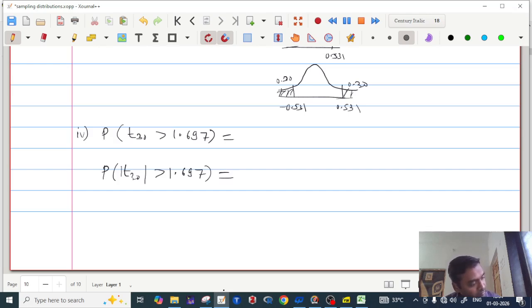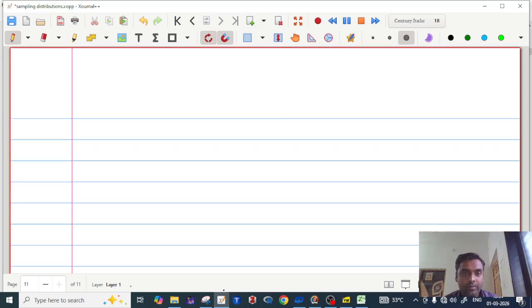Example 4. This is based on F distribution. What is given? X follows F distribution with parameter 3, 6. Y follows F distribution with parameter 6, 3.